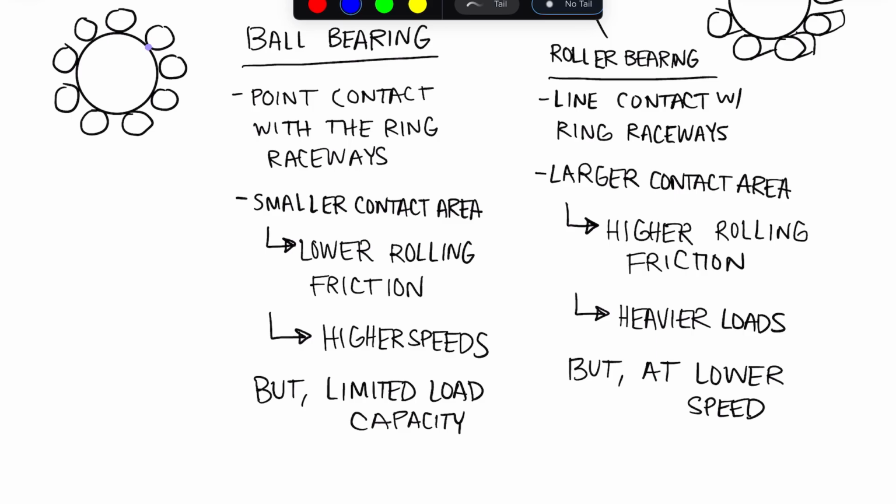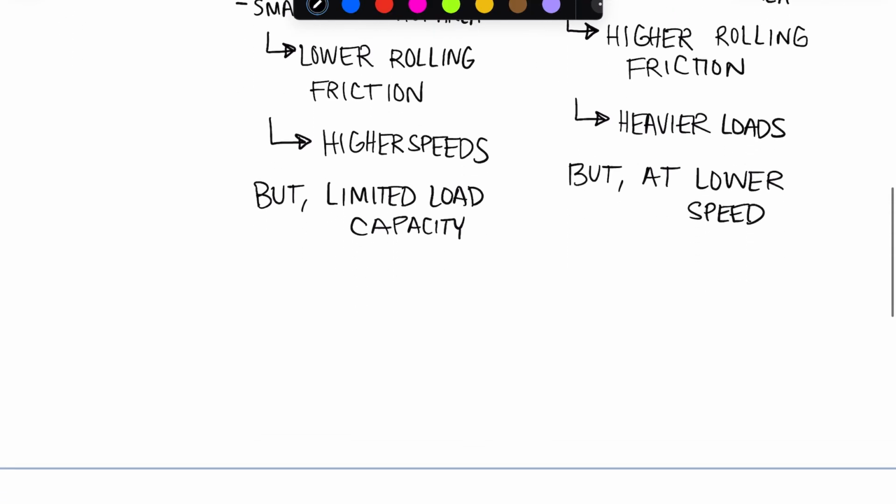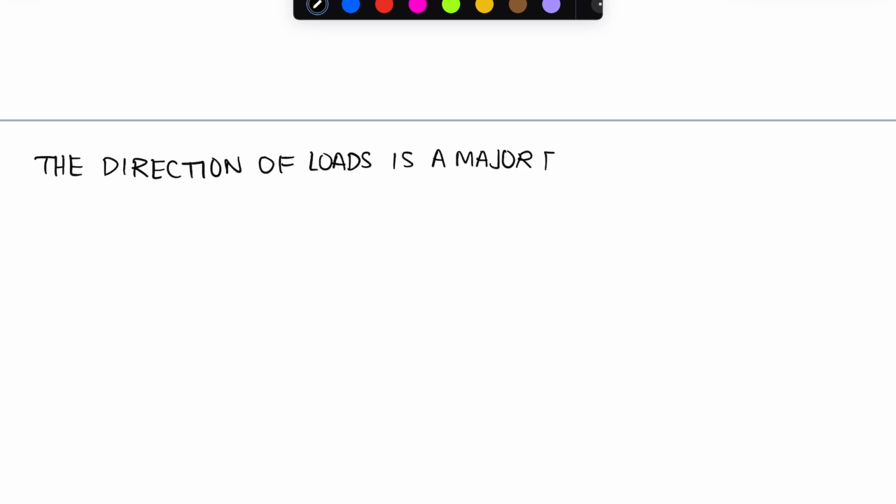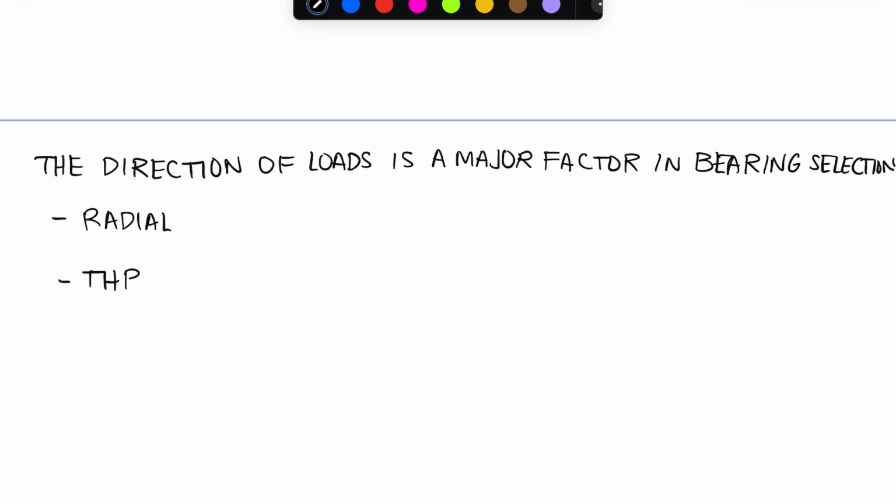The other major factor that we need to consider in selecting a bearing is the load direction. And we can break down the types of bearings into radial or thrust.